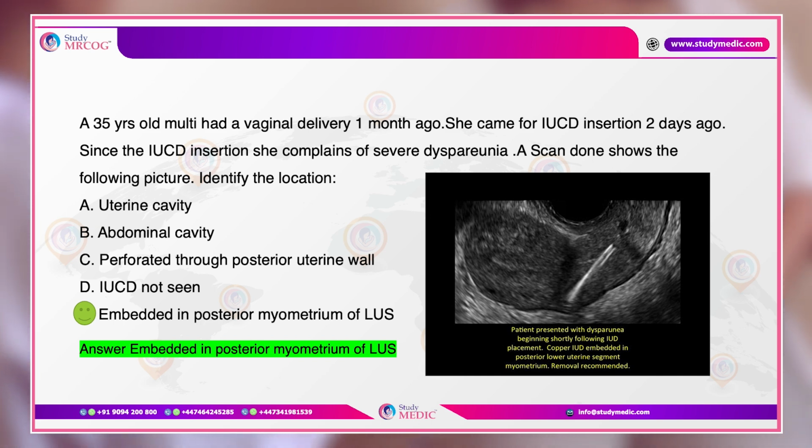Now, myometrial penetration of an intrauterine device results in an eccentric positioning of the IUD, and it is within the endometrial cavity or the uterine cavity, but in the myometrium. And the linear hyperechoic arms of the intrauterine device, they actually breach the basal layer of the endometrium and extend into the myometrium.